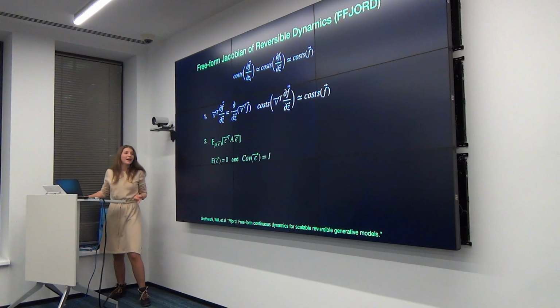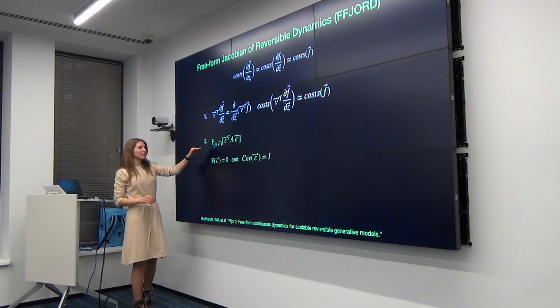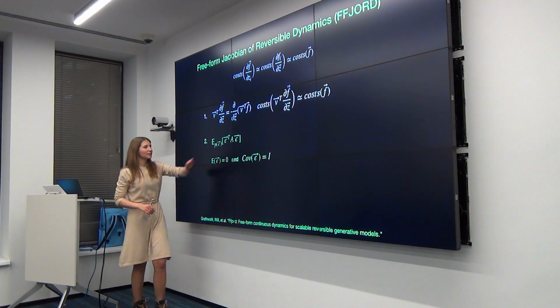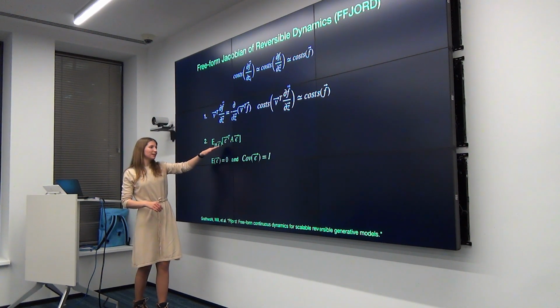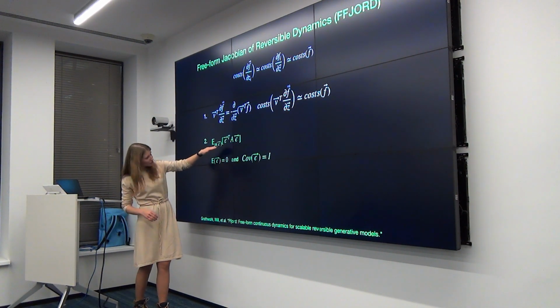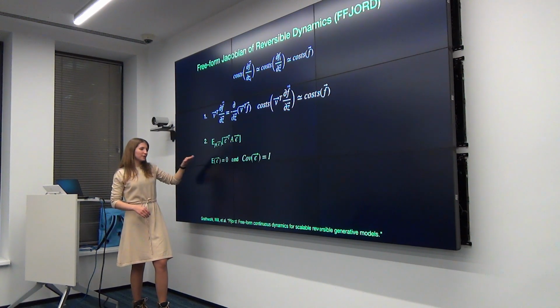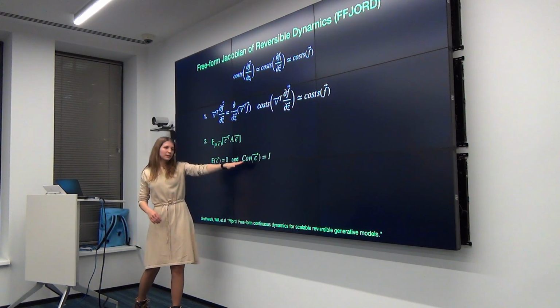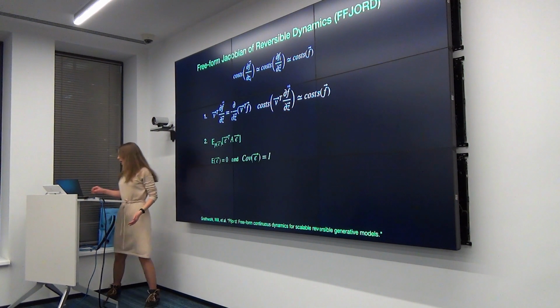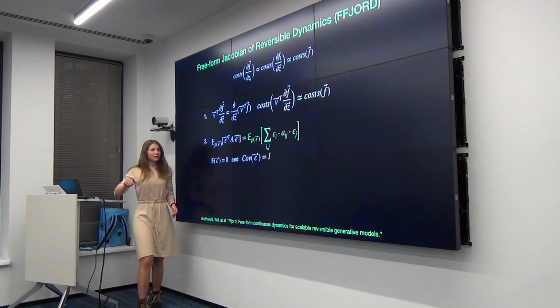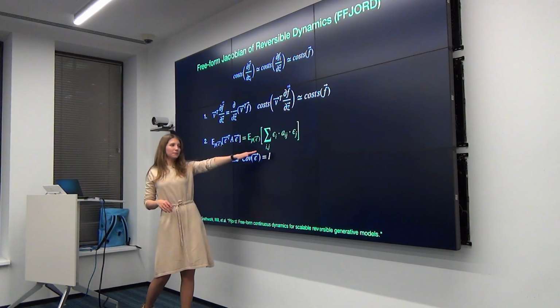The second trick. Let's look at this expectation. This is some matrix, and this is a random vector with zero expectation and identity covariance matrix. Let's write this multiplication as a sum.